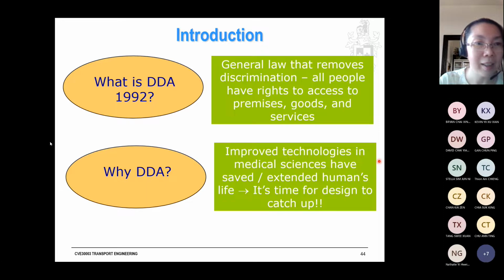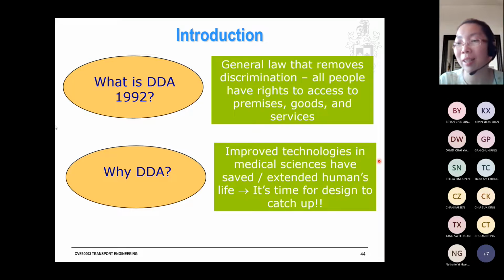Any other number? 100, 80, 70, 80, somewhere around there.